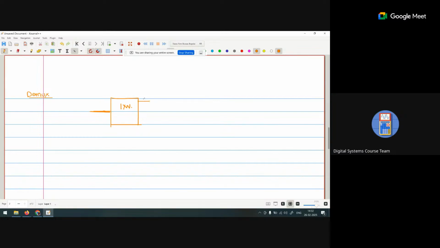Now we have to convert it again into multiple lines so that every data goes to different users. Again, the concept of the select line is that S is nothing but log 2 base n.